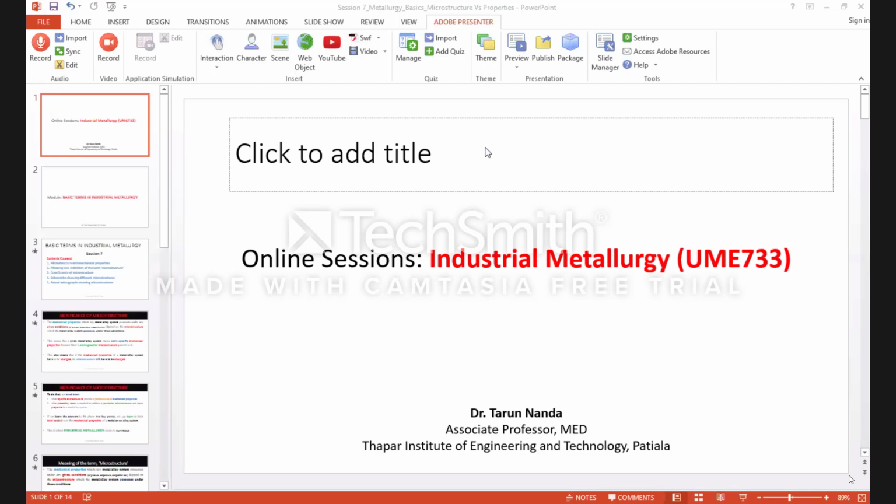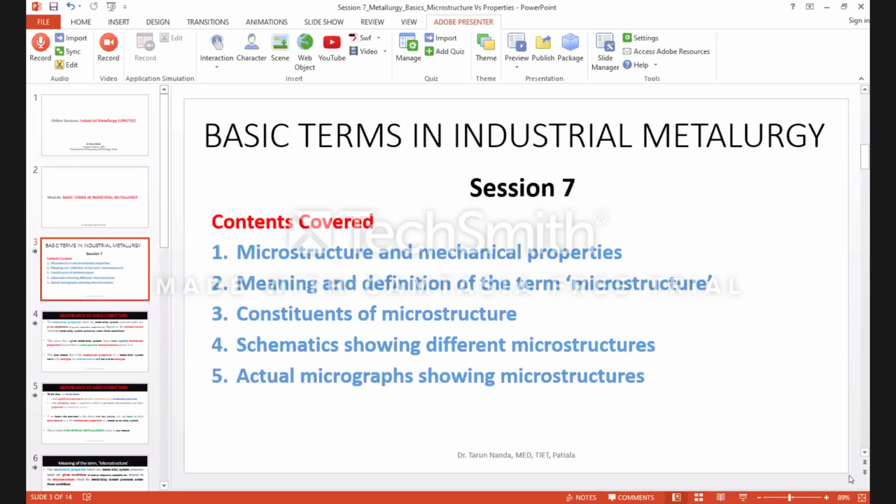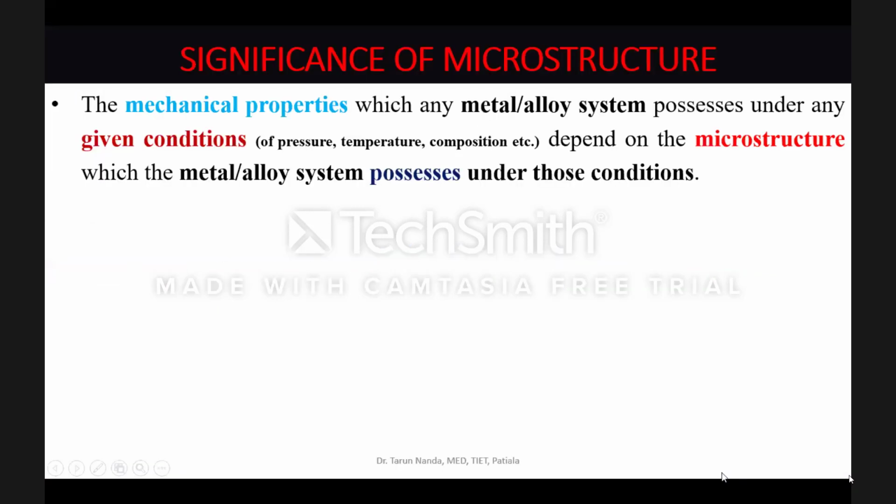Thank you so much. So students, in today's class, we'll try to cover what is meant by microstructure present in a material system. Is this slide visible where I have written the mechanical properties which any metal alloy system possesses? Okay, thank you.